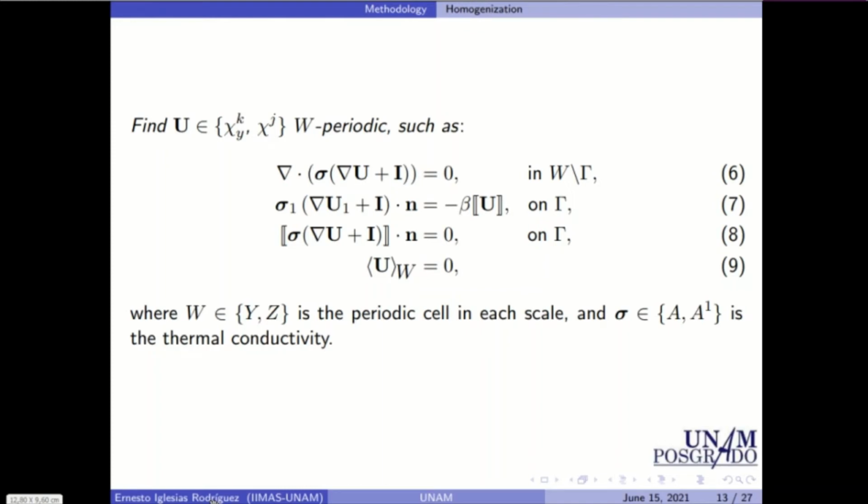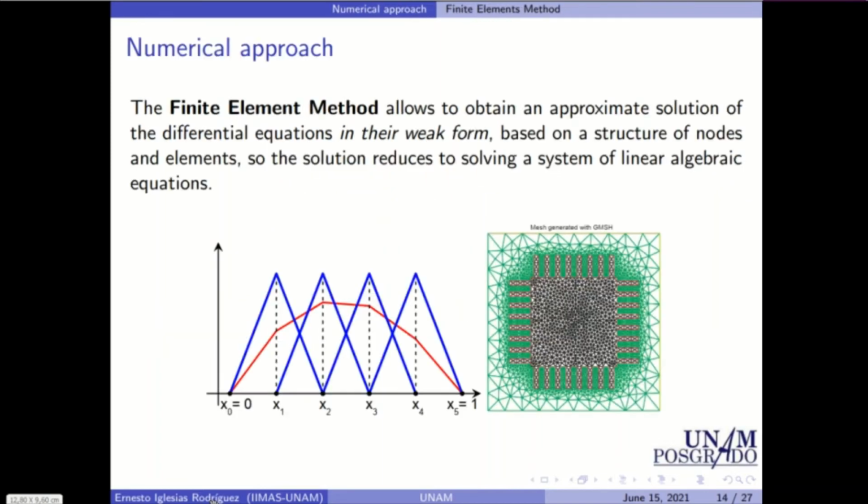That's why we need numerical methods, and in particular we choose the finite element method, because it allows us to obtain an approximate solution of the differential equation based on a structure of nodes and elements, so the solution is reduced to solving a system of linear algebraic equations.